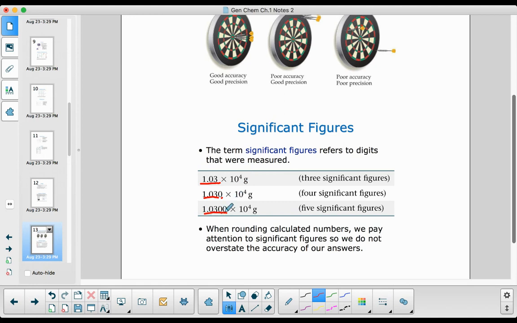This tells me something about the instrument that I've used. It means that instrument is precise out to just before that last 0. That last 0 is what we call the estimated value. That's the one that we're not sure of.